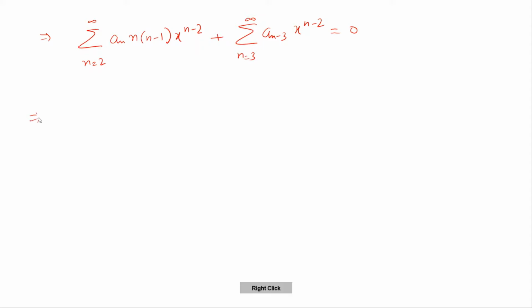Now we can have this n equals 2 term separately.